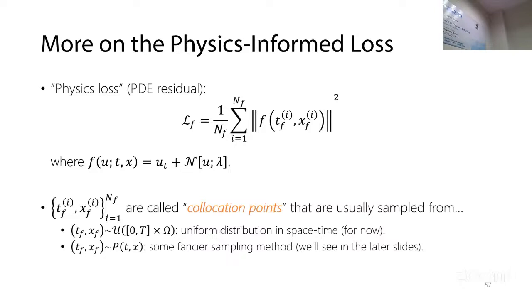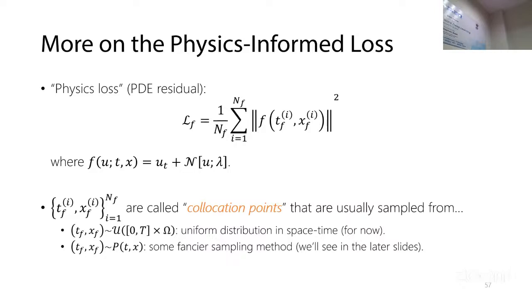There are some fancier methods, like I said earlier, to sample the collocation points. Instead of the uniform distribution U, you can sample points from some arbitrary probability distribution P. Similar to what you do in traditional numerical simulation, you can adaptively sample t and x.